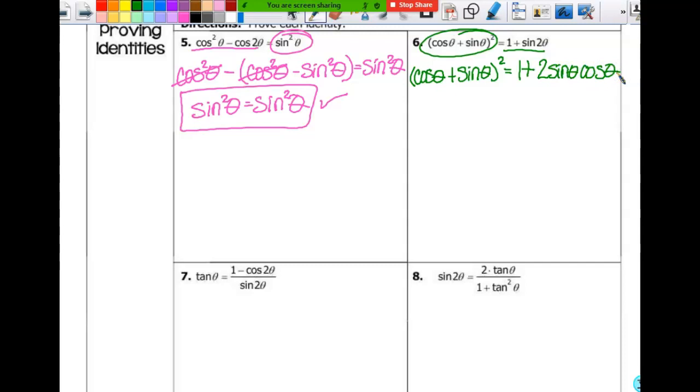Okay. So we can only work with one side at a time, and we chose to work with the right side, or I made you choose to work with the right side. Do you see anything that just jumps out at you that would make a whole lot of sense to do on the right-hand side at this point?